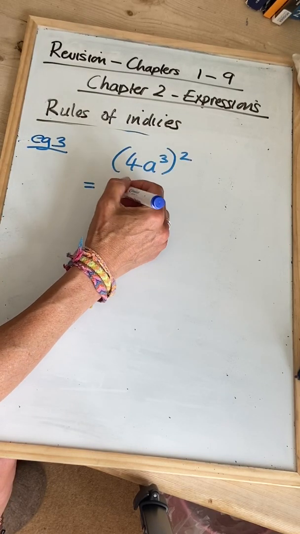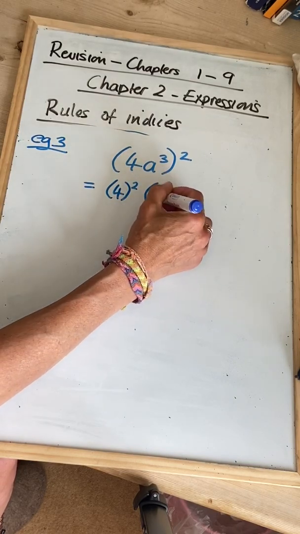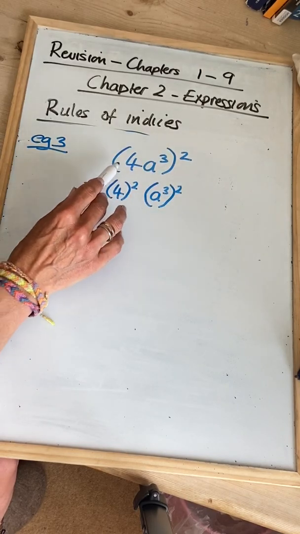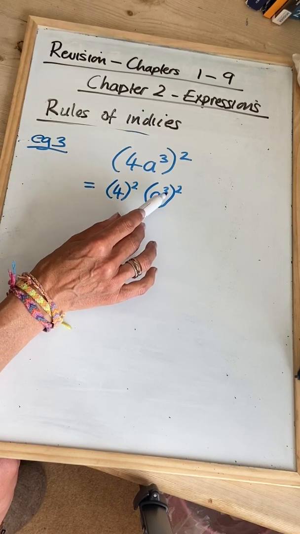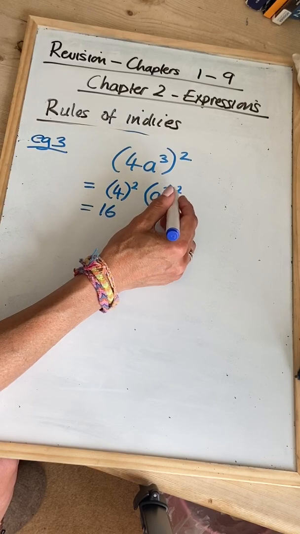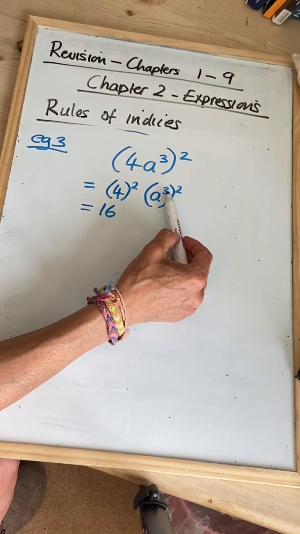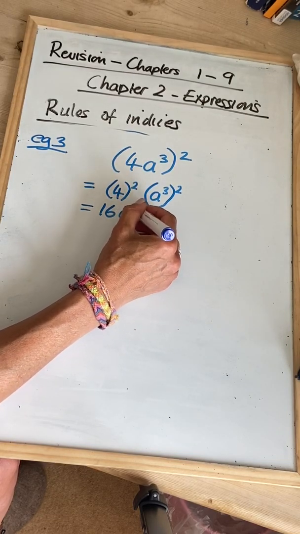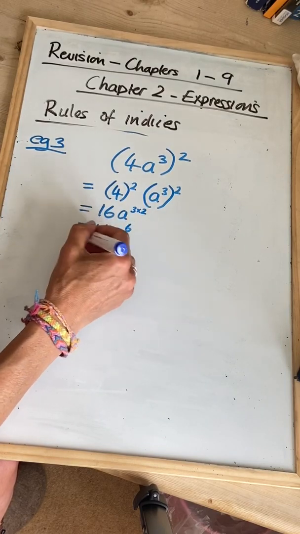So I'm going to write that stage again. You wouldn't have to write this in your workings as long as you're happy with it, but I want you to see exactly what's going on. You're squaring everything in the bracket, so you must square the 4, you must square the a cubed. 4 squared is 16. A cubed squared, our rule where you're raising a power to a power is you multiply those two powers together. So that's going to be a to the 3 times 2, which is a to the 6.